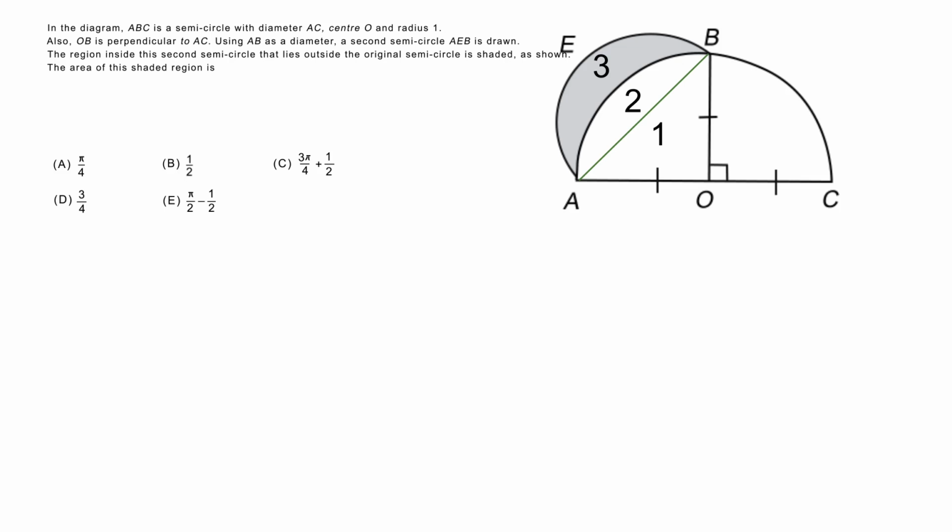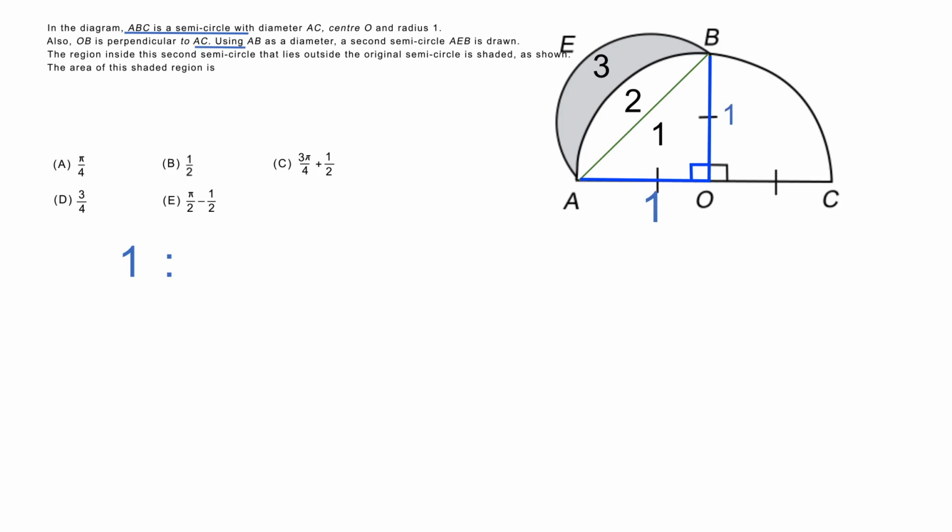So let us start with region 1. Well, region 1 is a triangle, and as they have denoted, it's a right triangle. And they tell you in the question that ABC is a semicircle, and it has a radius of 1. So that means this distance is 1.